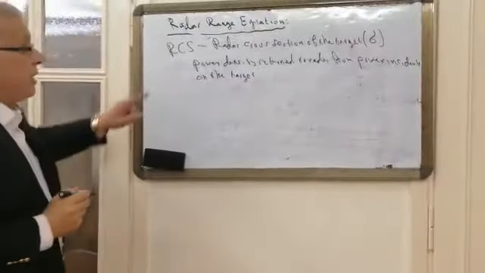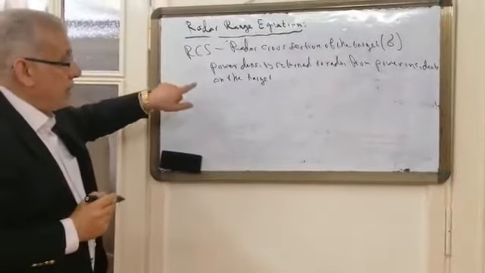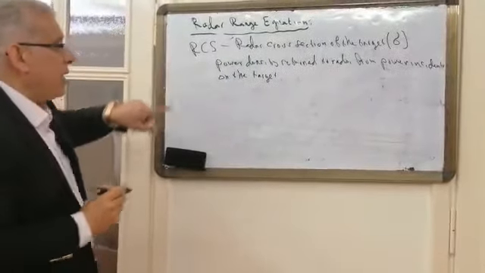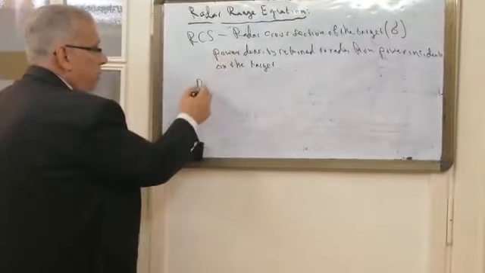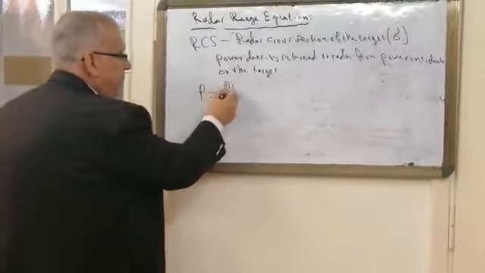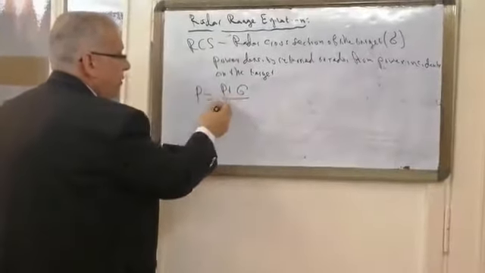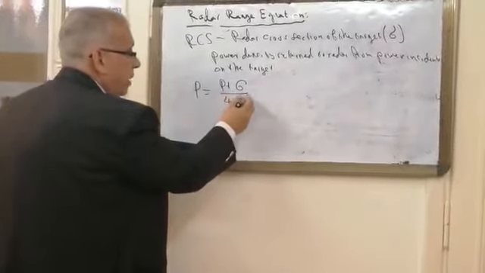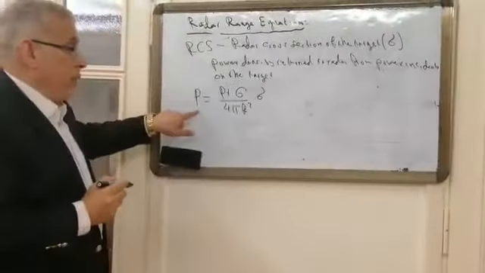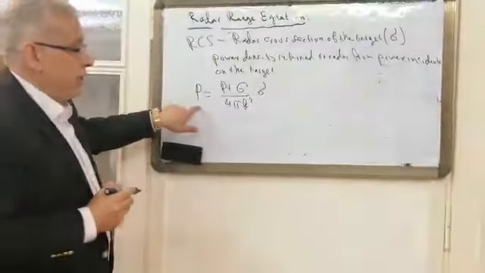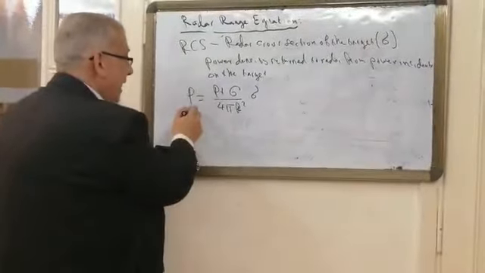So power density at range R from an isotropic antenna at the target will be equal to PT multiplied by G divided by 4 pi R square, multiplied by sigma. But the power density returned to radar will be equal to the power density at the target.